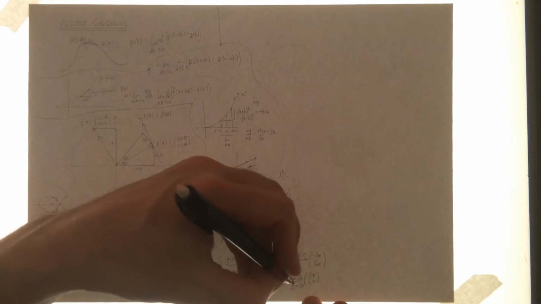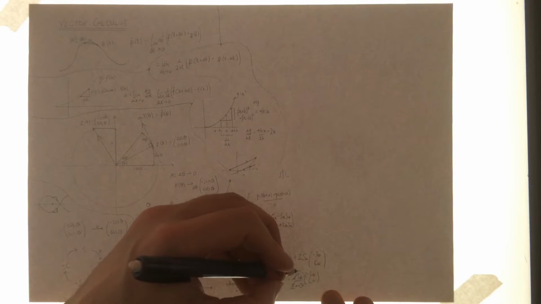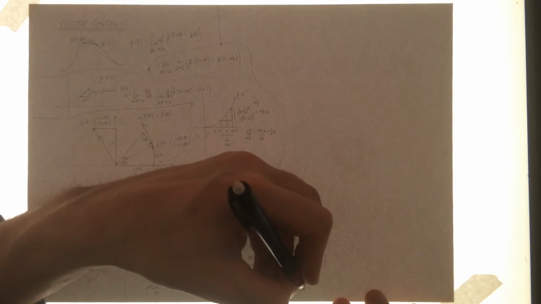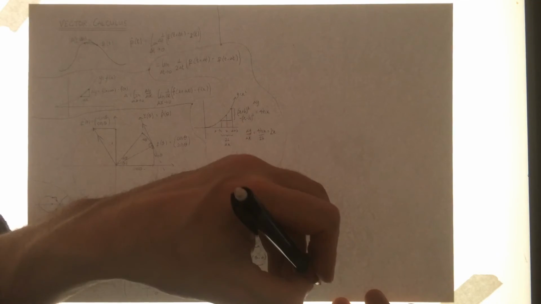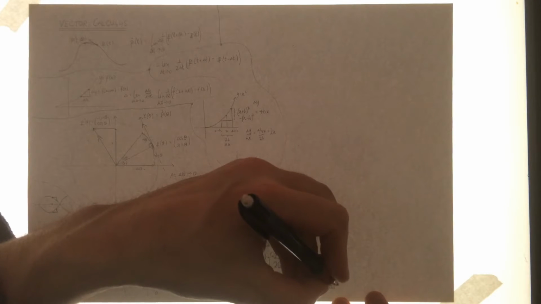And obviously the 2's will go. And so now we just have to prove that sine delta theta over delta theta tends to 1 as delta theta tends to 0.